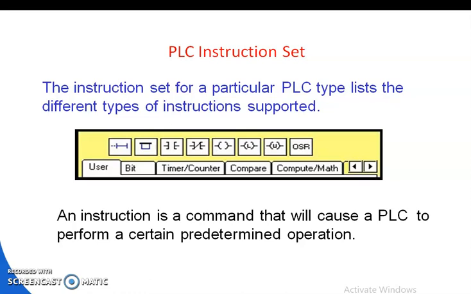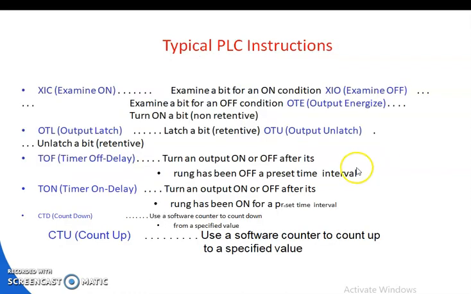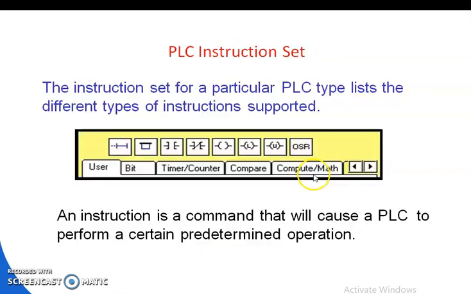Here several instructions are marked: user, bit, timer and counter, compare, compute and math, etc. So these are the instructions. This is the user instructions. That is the bit instruction. These are the counter and timer. This is compare, and this is compare or math.